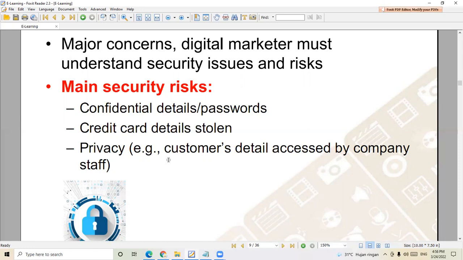For example, they can sell our data to other institutions, right? Of course it would violate our privacy, right?